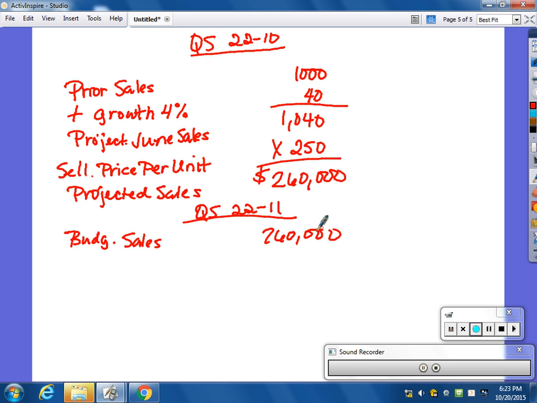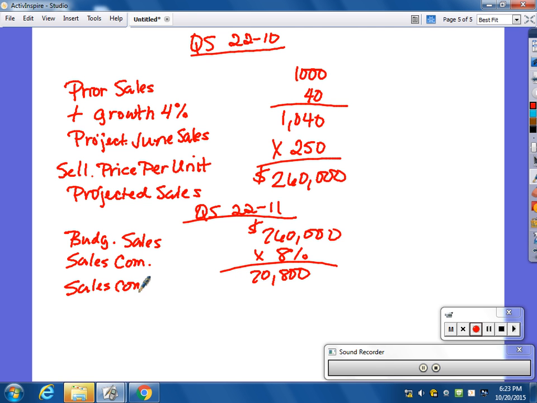$260,000, and then what? Then it's commission percent, 8%. How much is it? 20,800. What is that called? Sales commission. And then what do we do?